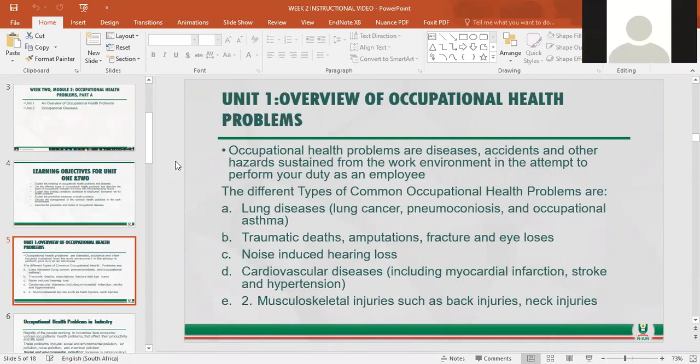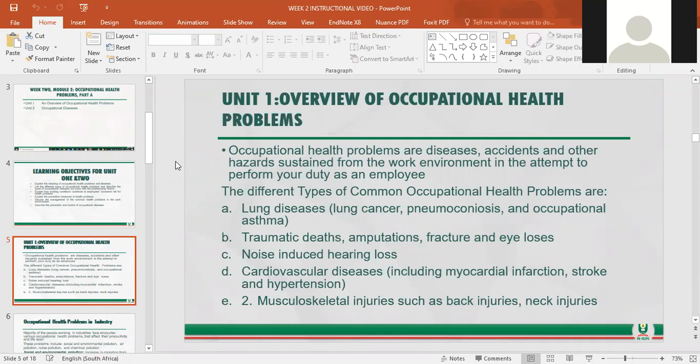Yes, ma'am. There are so many types of occupational health problems, like contracting another disease. Say if you are treating a patient who has tuberculosis, you now contract that tuberculosis from the patient.